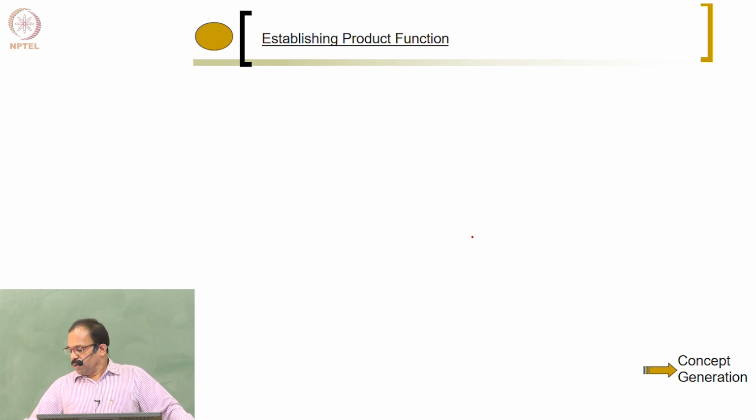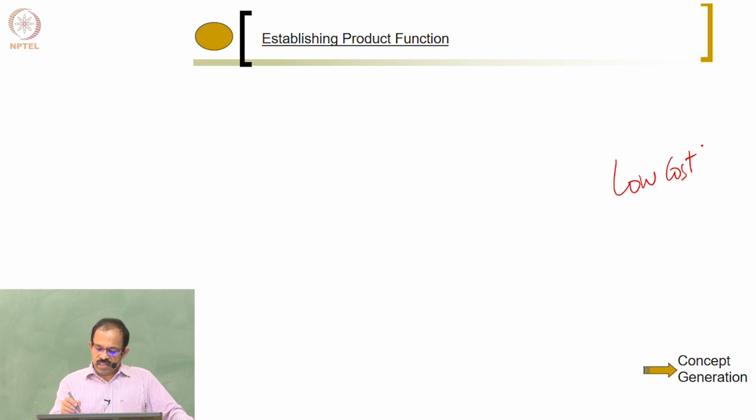So you have many requirements from the customer. For example, the customer says you want this product to be low cost, and somebody says it should be comfortable to use.